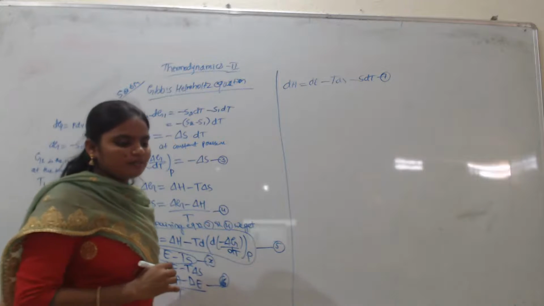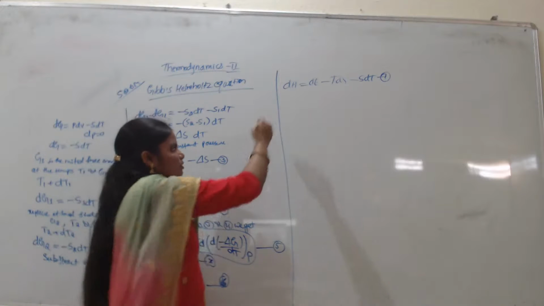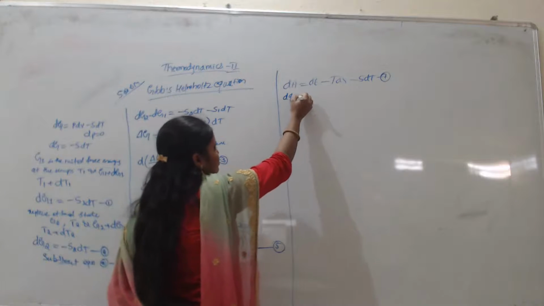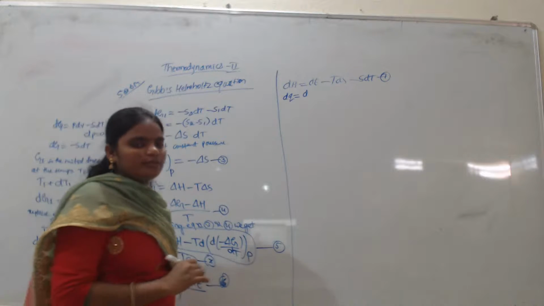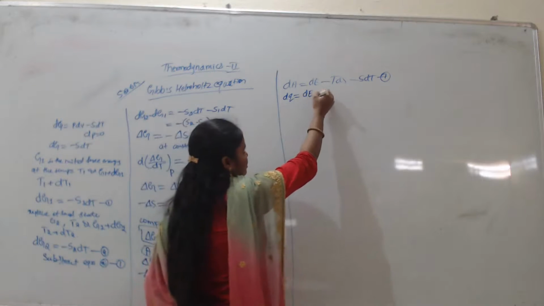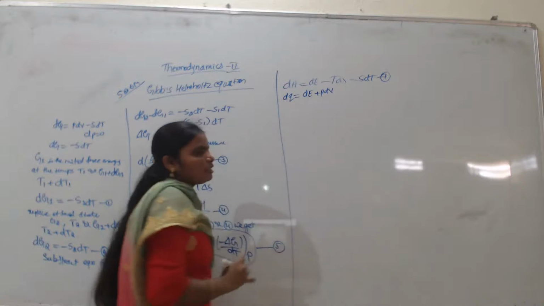Next, dq is equal to dE plus P dV according to the definition.